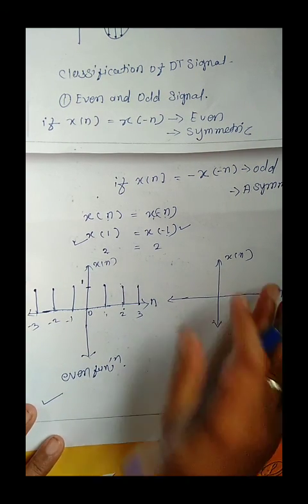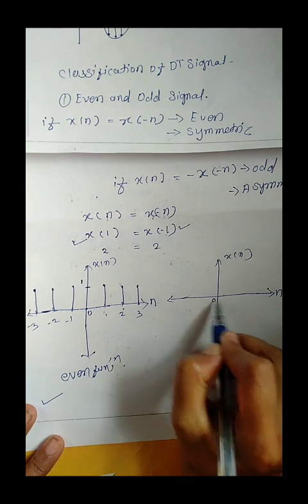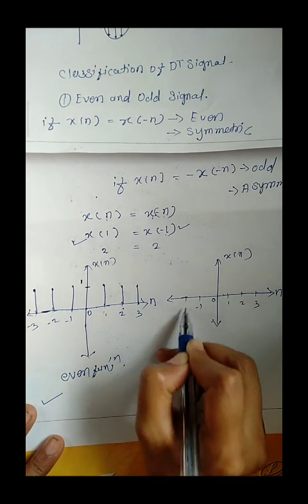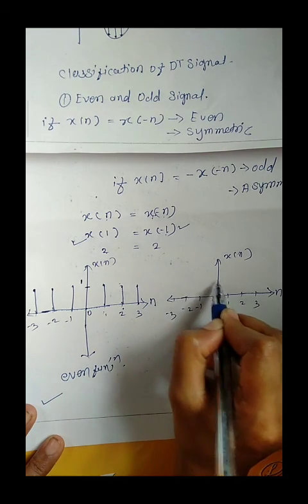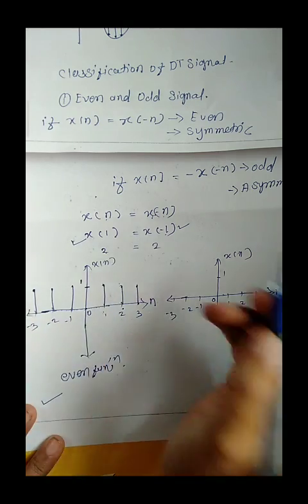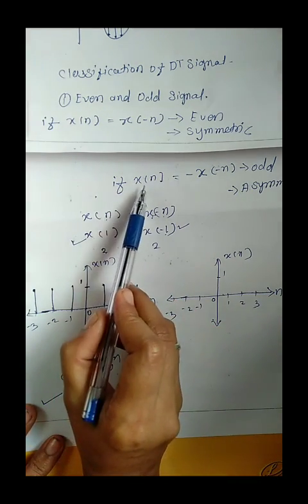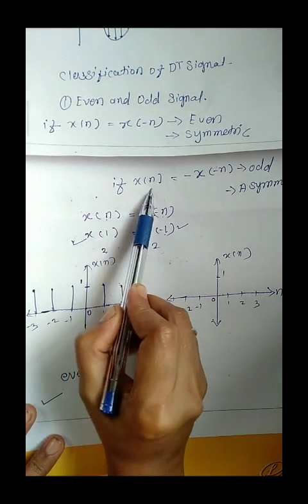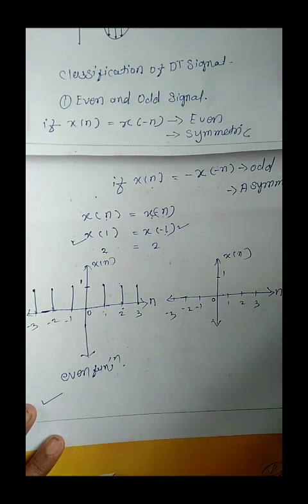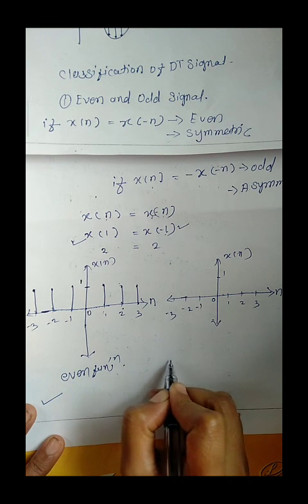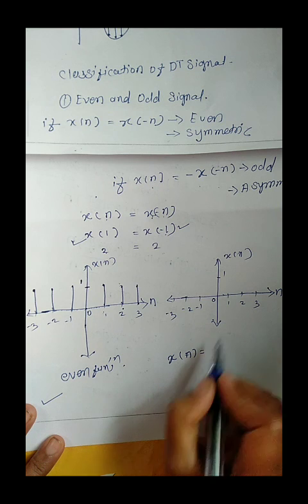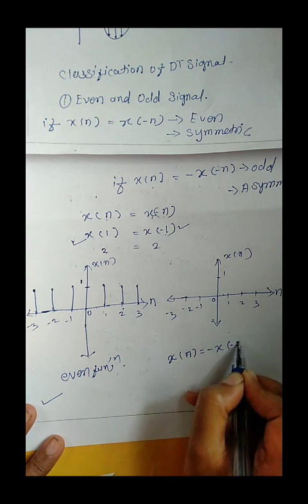And what is an odd function? This is 0, 1, 2, 3, minus 1, minus 2, minus 3. Basically, an odd function tells us that x of n is equal to minus of x of minus n.